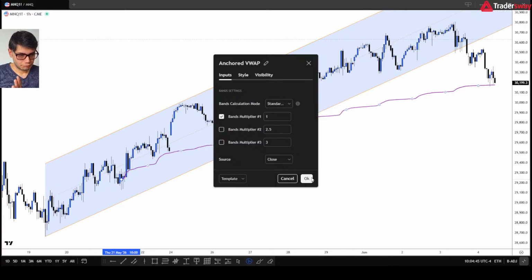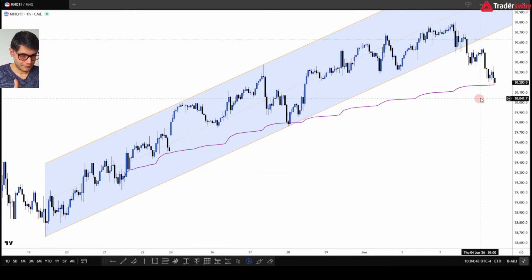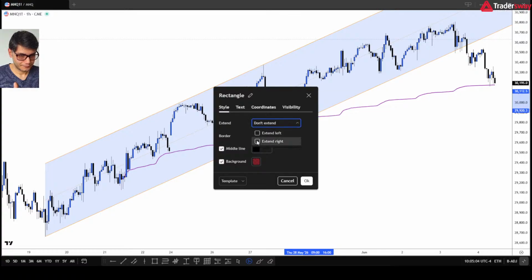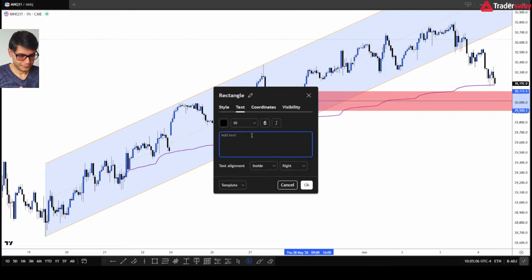Confluence, we have a confluence. And that low is also in conjunction with this bear trap area. That's a bear trap area from May 28.